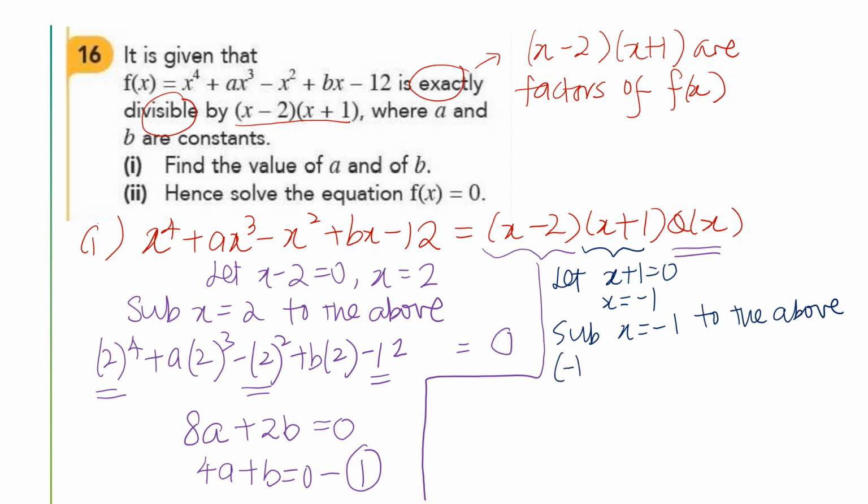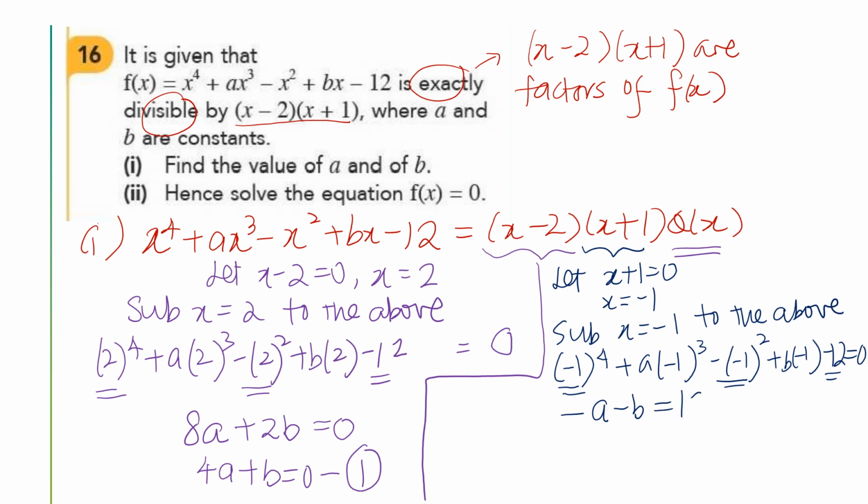We will have negative 1 to the power 4 plus a, negative 1 to the power 3 minus negative 1 squared plus b, negative 1 minus 12 equals the right hand side 0. Likewise, this one and this, you can just use a calculator to work this out. Right, so you have negative a minus b equals to 12. Right, so we call this equation 2.